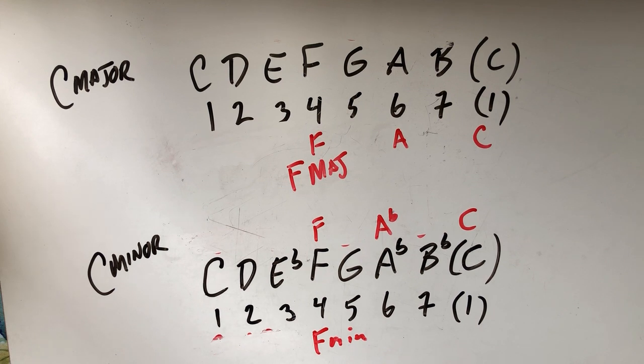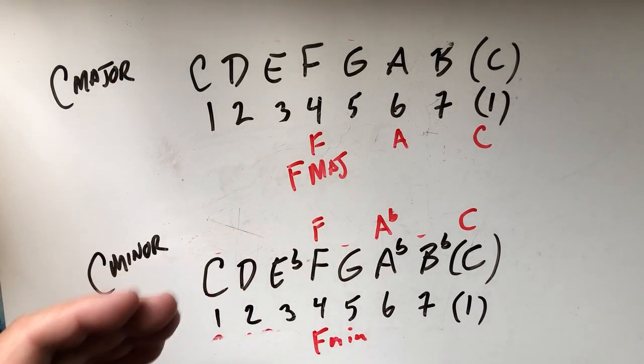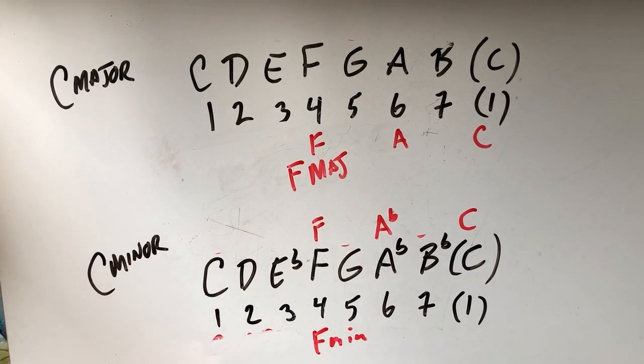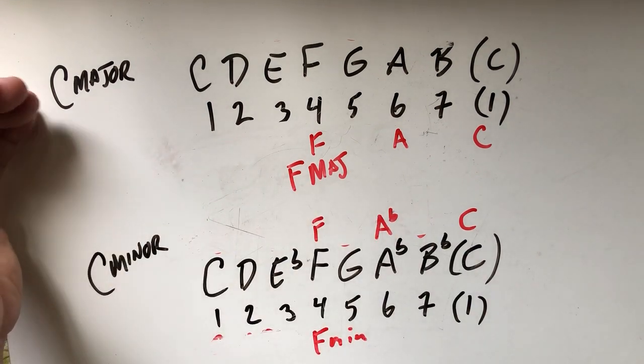So if I were in the key of C minor, I'd play C minor, and then F minor, and then I go to my 5 chord, G7, like that. So these scales grow specific chord qualities, and they have a certain sound that builds the world of I'm in a minor key or I'm in a major key.